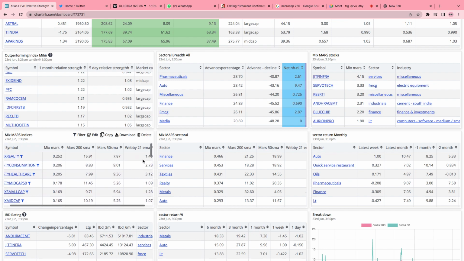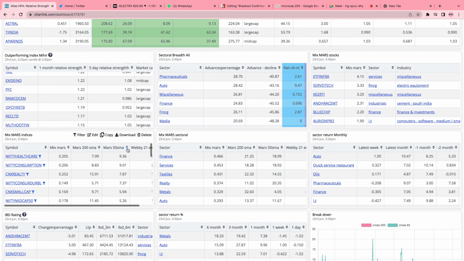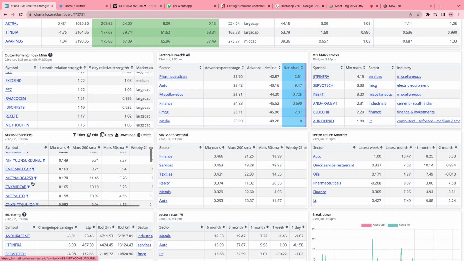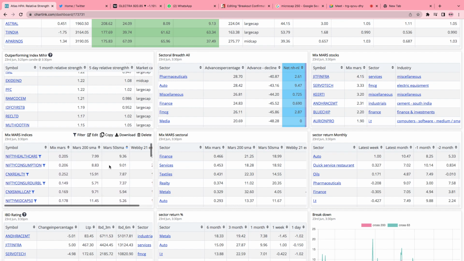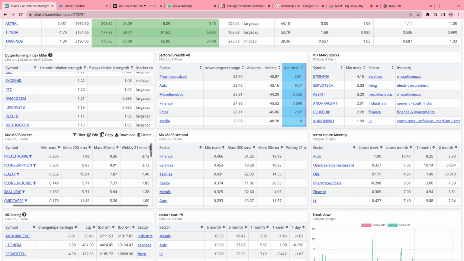So if you now see, let's say in the long term, CNX reality is 15%, 16% extended from the 200-day moving average, which means that in a long-term time frame, reality is the highest performing sector. In the 50-day time frame, it's health, consumption, auto, all of these, and in a short-term time frame, you have some other names here, right?